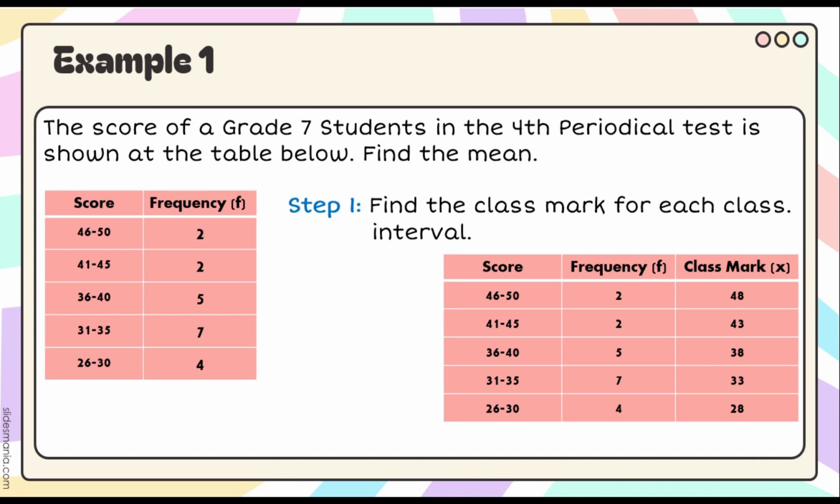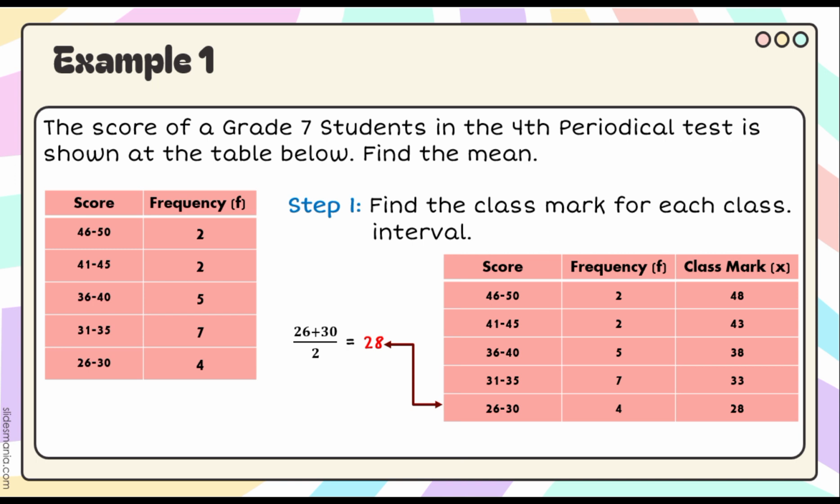To compute the class mark, we add the lower limit and the upper limit and divide by 2. Here, for 26 to 30, we have 26 plus 30 divided by 2, which is equal to 28.